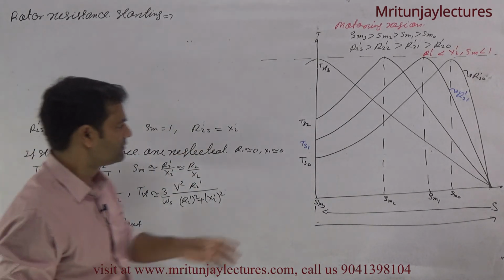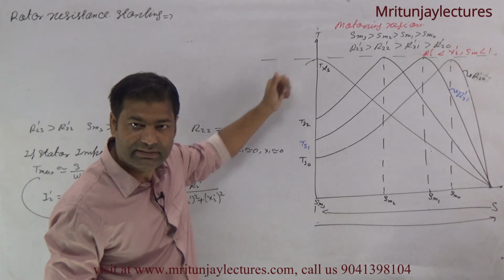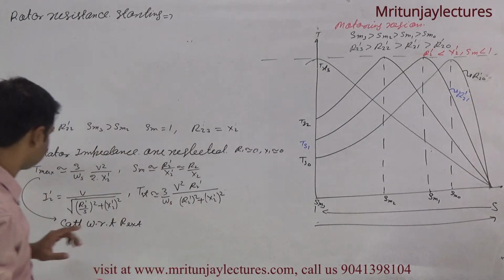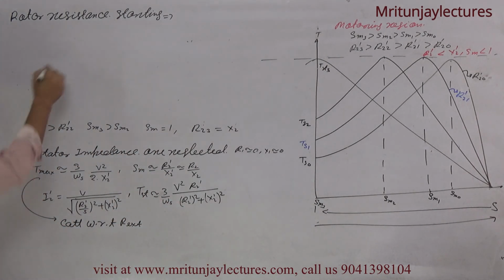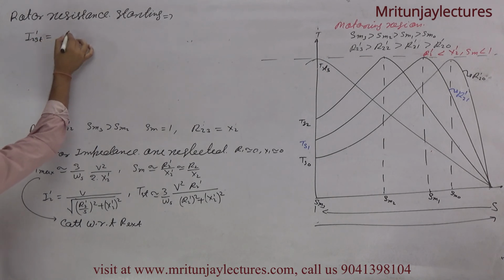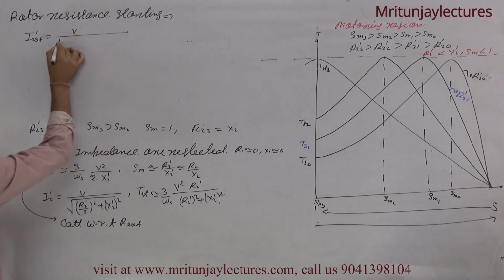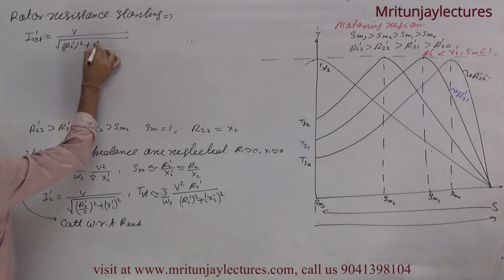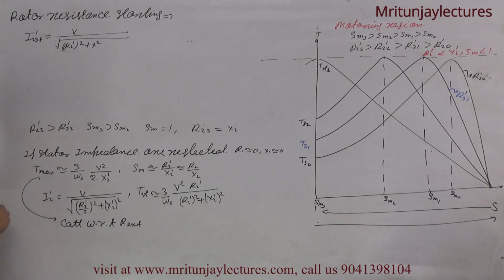In this region, what about starting torque? As R increases, what about starting current? I know that I2 starting equals V divided by the square root of R2 dash squared plus X2 dash squared. If the R2 resistance increases, starting current decreases, meaning R2 dash increases.